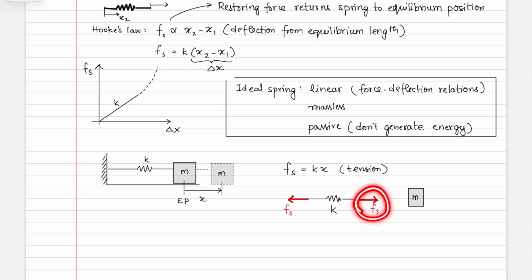Why is it equal? Why are they the same Fs on both sides? Think about it. You've probably drawn this a few times. Why is this the same? That is because this spring here is massless.